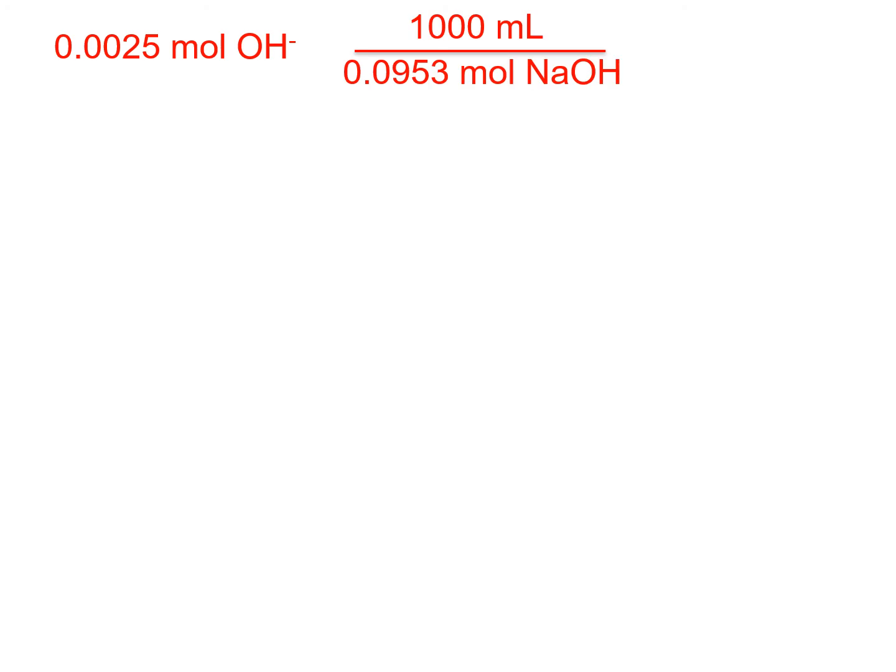So I know that I'm going to need to set up an ice table involving my conjugate base. In order to do that, I'm going to need 2 pieces of information. The first thing I'm going to need to do is figure out what is my new molarity. And so if I'm at the equivalence point and I know how many moles of hydroxide I have, I need to know how much volume I needed to get there.